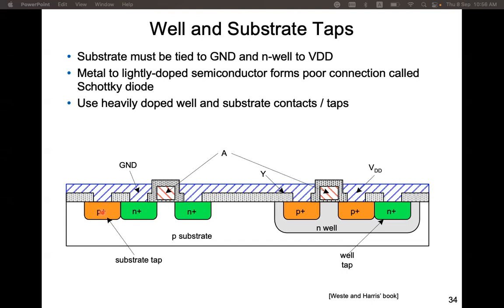This P+ diffusion region is connected to the substrate to provide electrical connection to the substrate. And this N-well is connected to the metal through a heavily doped N+ region. N+ means heavily doped.